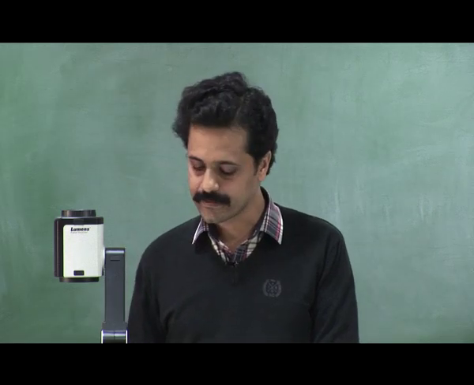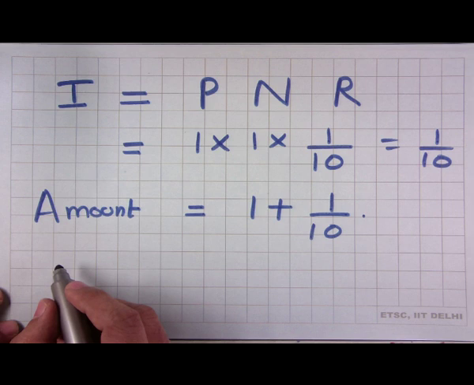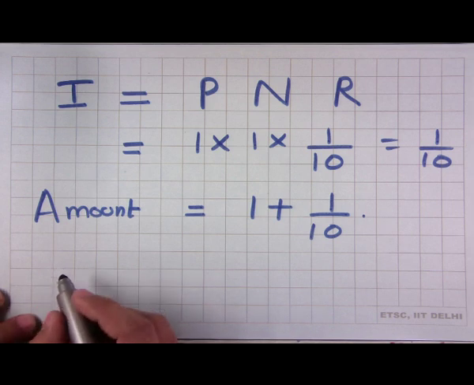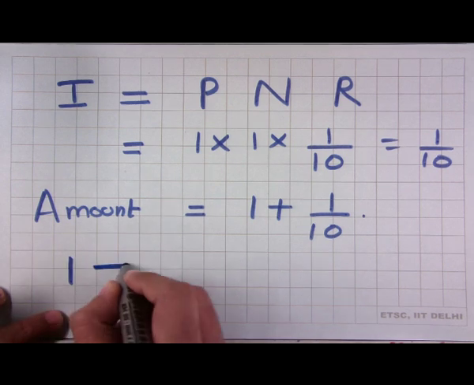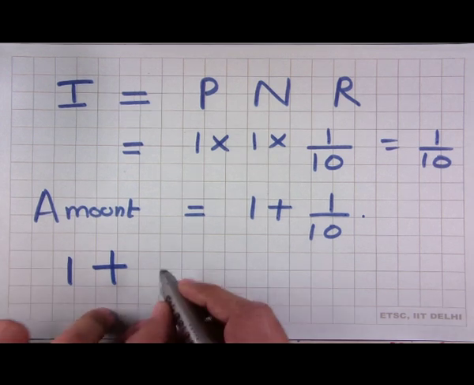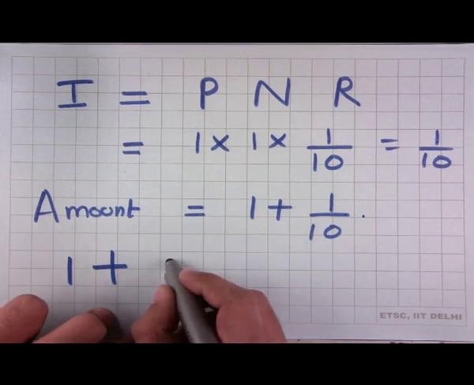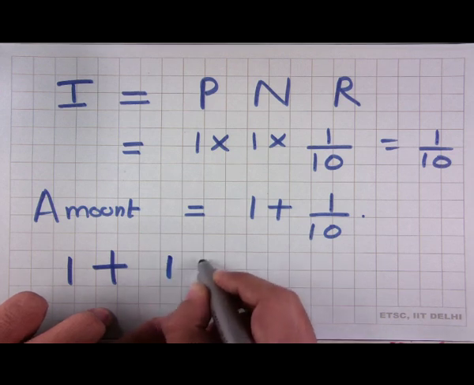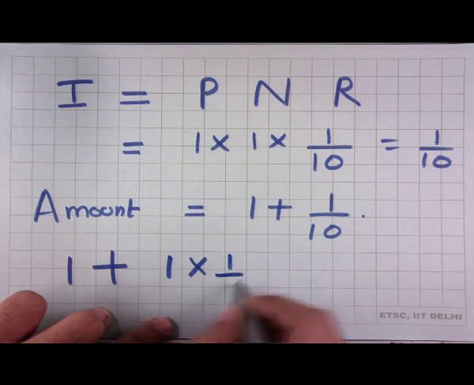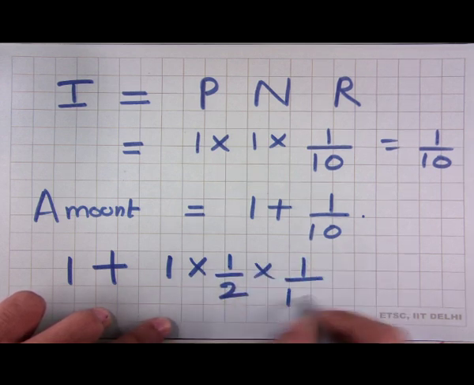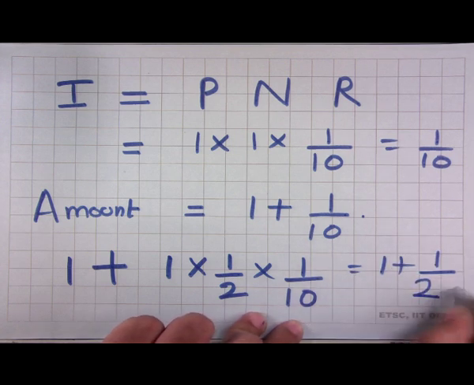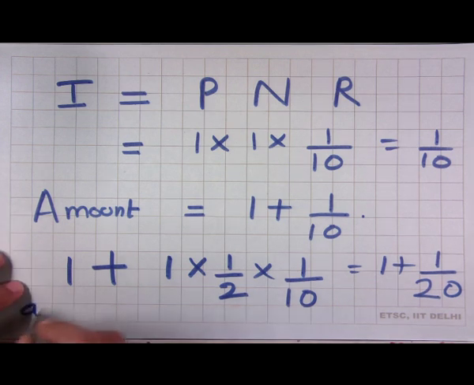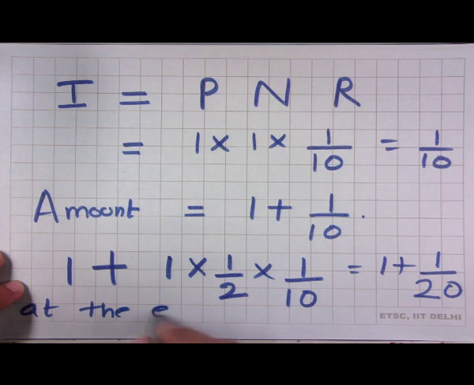In that case, it will yield an amount equal to 1 plus the interest for half year, namely 1 into 1 by 2 into 1 by 10, is equal to 1 plus 1 by 20 at the end of the first half year.